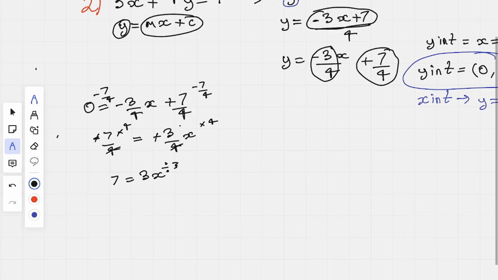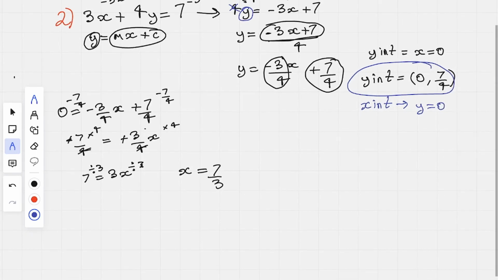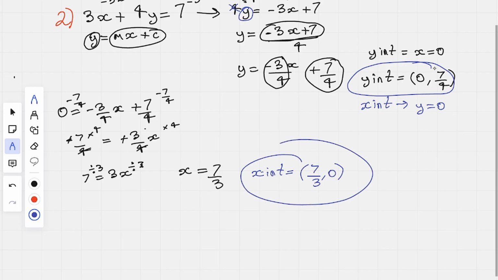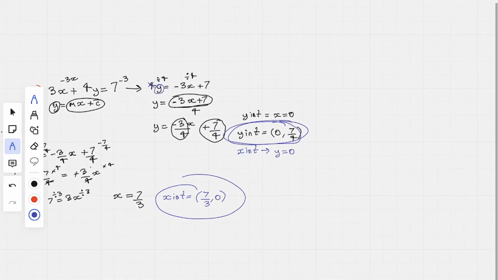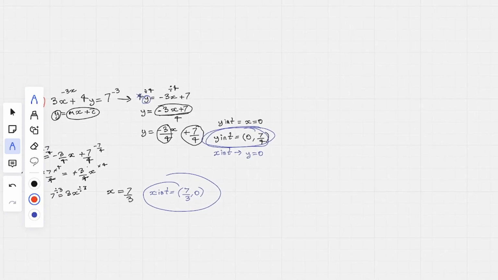Divide by 3 on both sides, and then you would get x is equal to 7 over 3. Now that means your x-intercept is equal to (7 over 3, 0). So now we've got our x-intercept and we've got our y-intercept. Now we can use this information to actually sketch a graph using the points we've found.